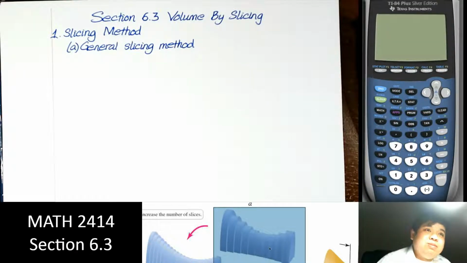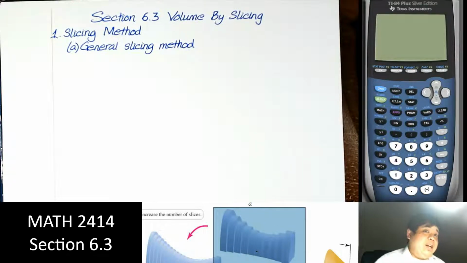Slice bread. Right? So in order to find the volume of one piece, since we're going to slice that, I assume the slices of the whole bread have the same width. Those widths are either dx or dy.